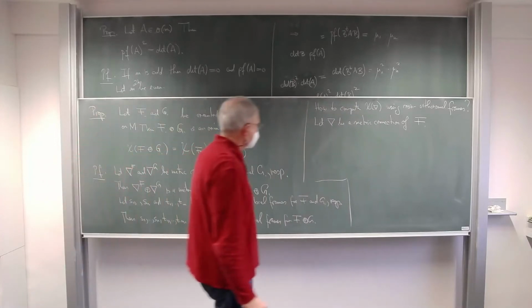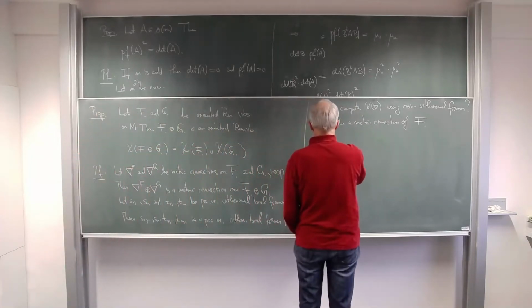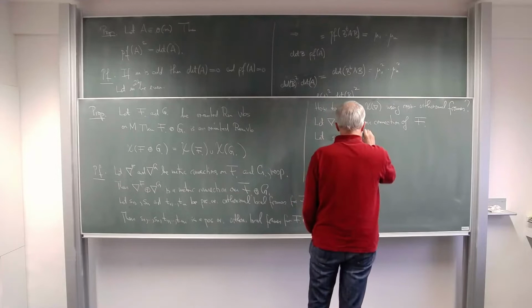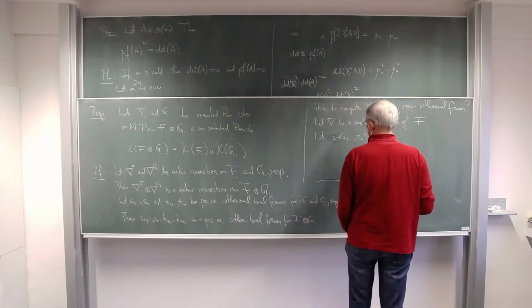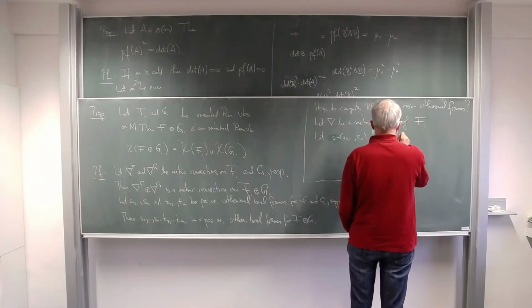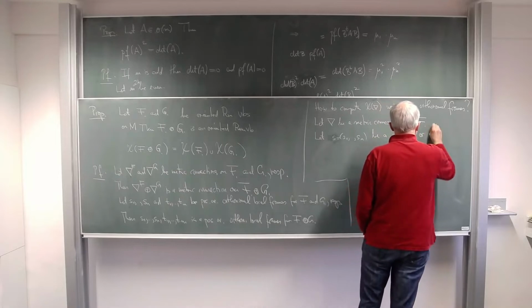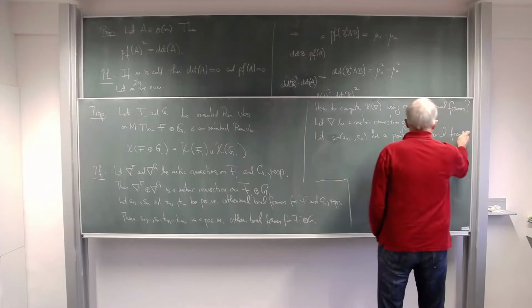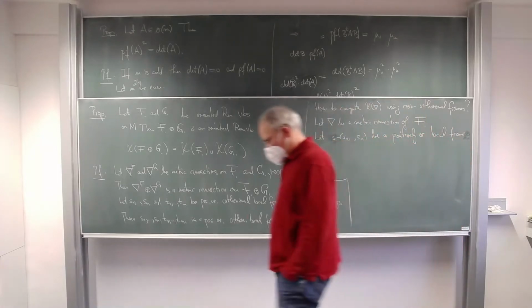And now let S equals S_1 all the way up to S_n be a not necessarily orthonormal local frame, but it should be positively oriented. Positively oriented local frame. Okay.